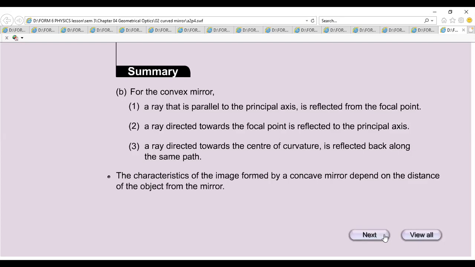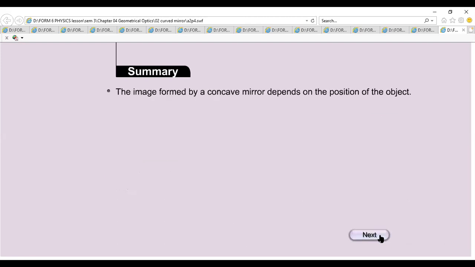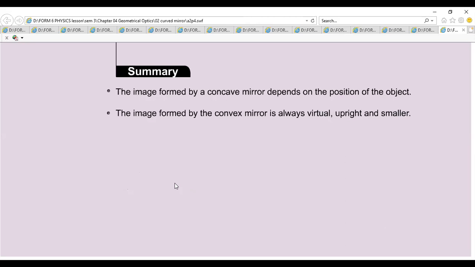The characteristic of the image formed by a concave mirror depends on the distance of the object from the mirror, whereas the image formed by a convex mirror is always virtual, upright, and smaller.